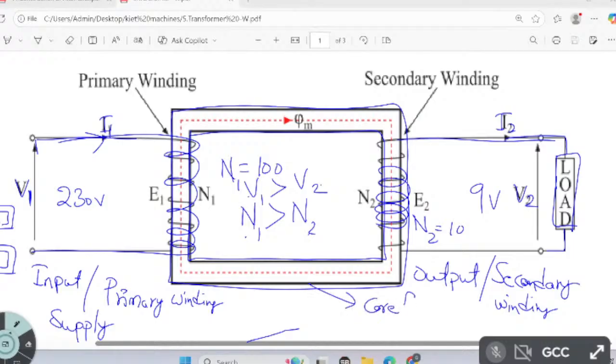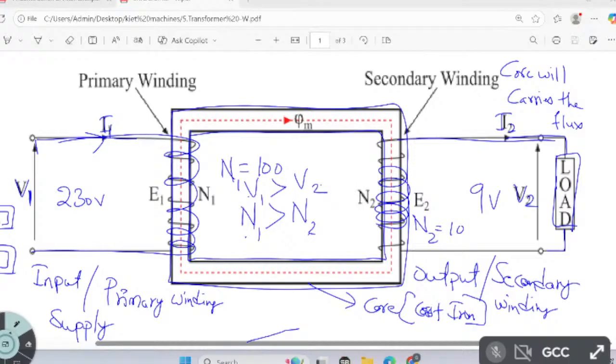The core is made up of cast iron. The function of this core is that it carries the flux.